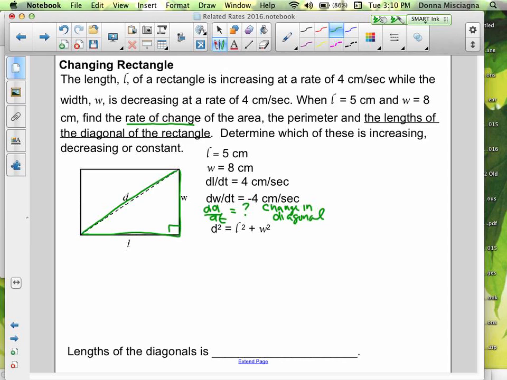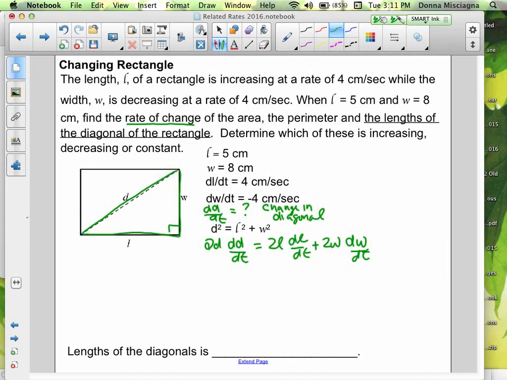So no constants here. All right, so we're going to take the derivative of D squared equals L squared plus W squared. Derivative of D squared would be 2D dD/dt equals derivative of L squared would be 2L dL/dt and 2W dW/dt.